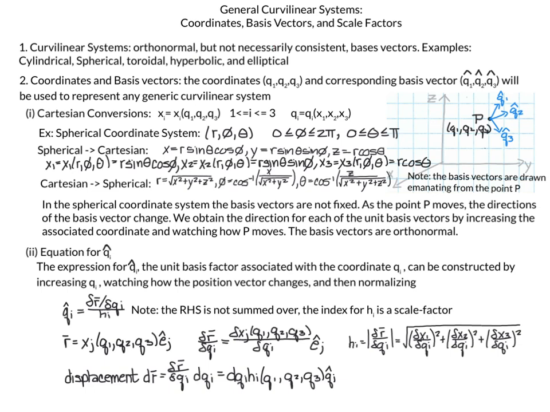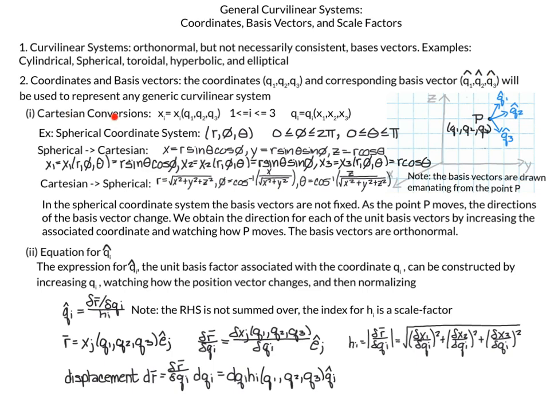We talked about how we could have coordinates and basis vectors, and we used the notation q1, q2, q3 for the coordinates of our curvilinear system, and q1 hat, q2 hat, q3 hat for the basis vectors. Usually for Cartesian, we would have x1, x2, x3, and x1 hat, x2 hat, x3 hat.